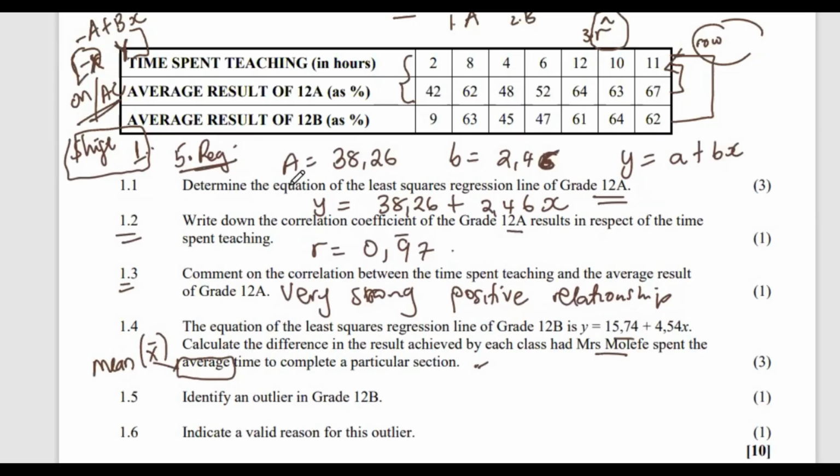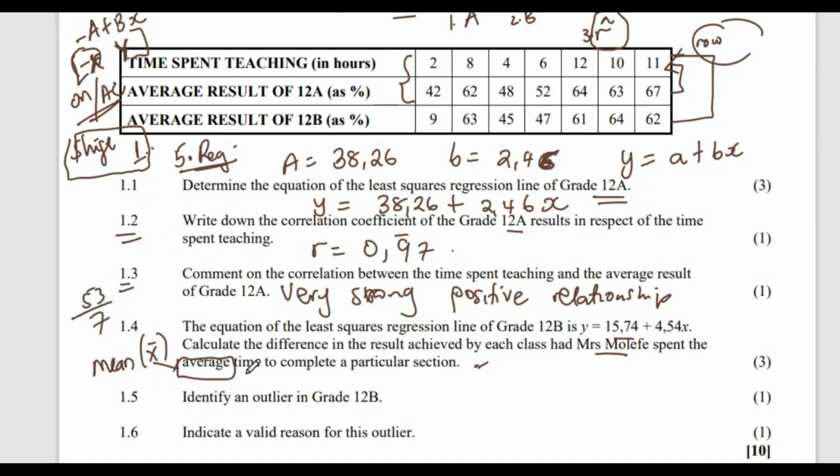Let's quickly get the mean for those values. So it's 2 plus 8 plus 4 plus 6 plus 12 plus 10 and then plus 11. Okay, and then I'm going to divide this by 7. So I got 53/7.